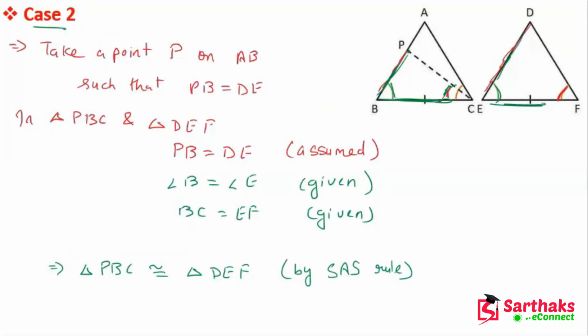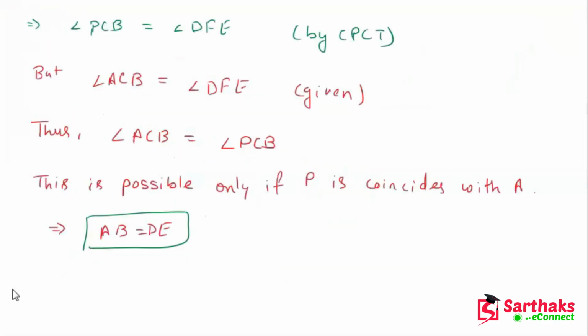So similar to case 1, we can prove that triangle ABC is congruent to triangle DEF by case 1.